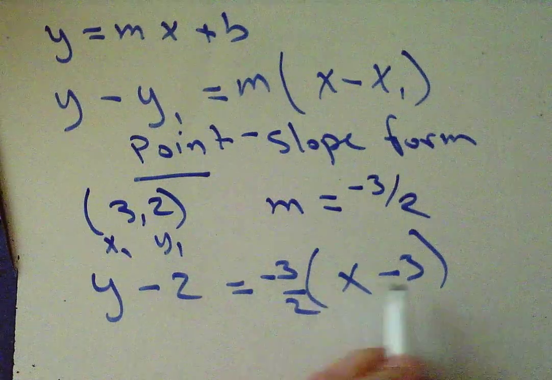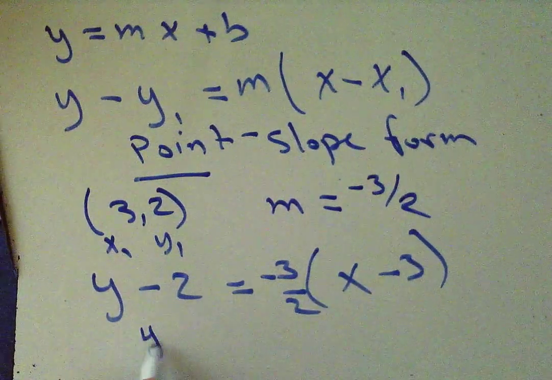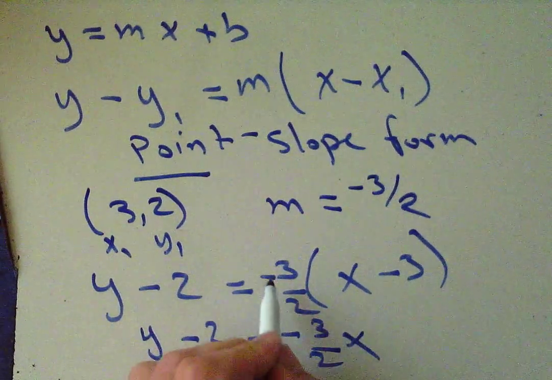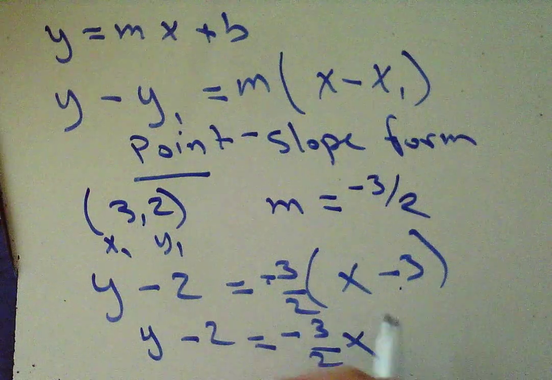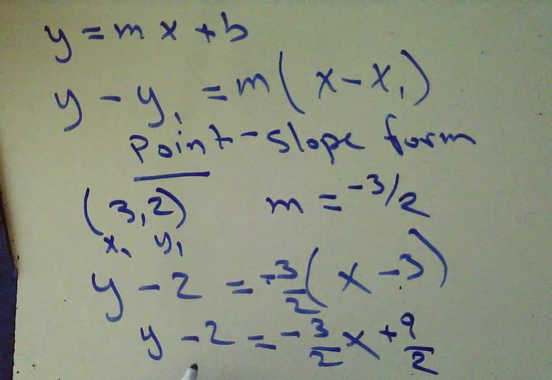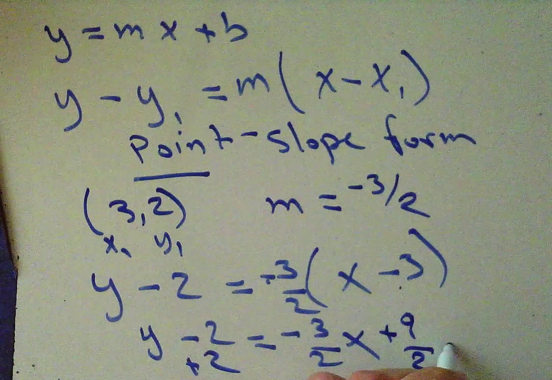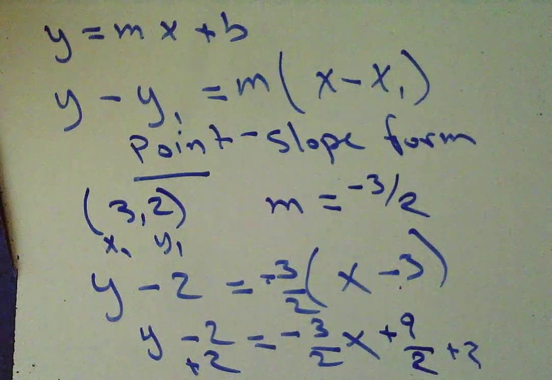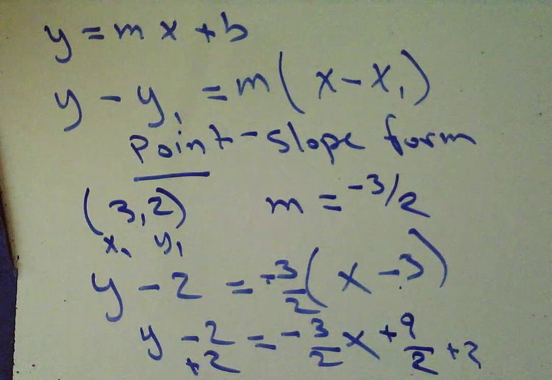Okay, so I'm going to distribute on the right-hand side and have y minus 2 equals negative 3 halves x. Minus times minus is plus. And then I'm going to add 2 to both sides. Remember, in order to add a fraction to something that's not a fraction, I need to make a common denominator.